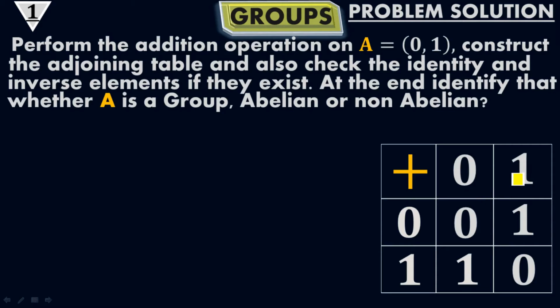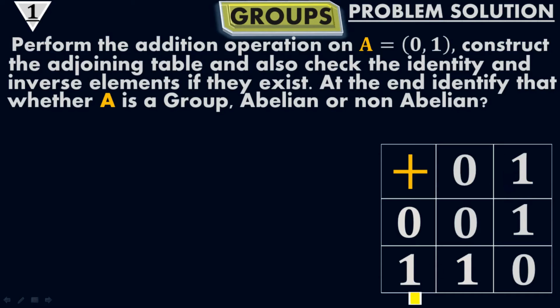It also happens if the sum of the two numbers is more than the total number of the elements, then you have to subtract that number from the total number of the elements. I repeat it, according to the adjoining table, if the sum of the two elements equals or is more than the total number of the elements, then we have to subtract the total number of the elements from that value after addition of the two elements.